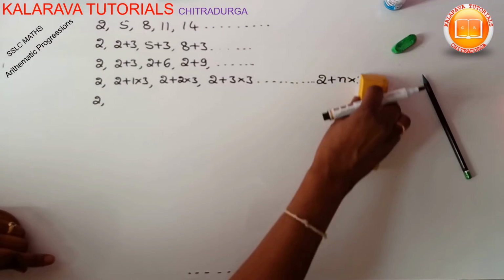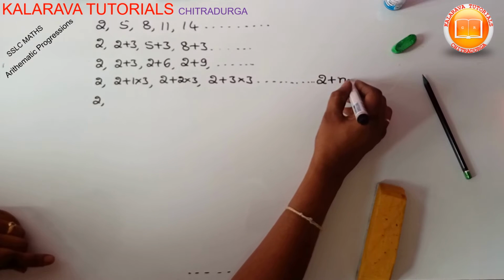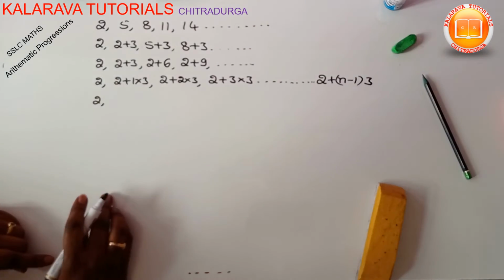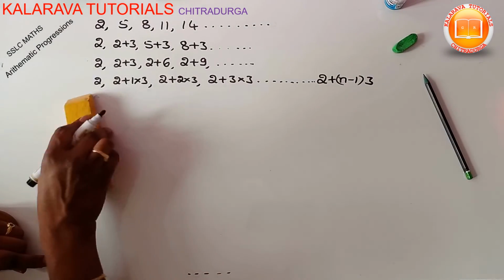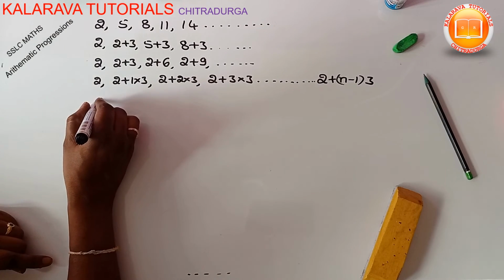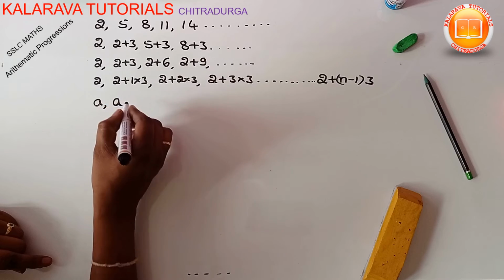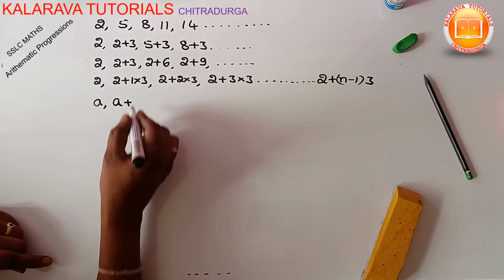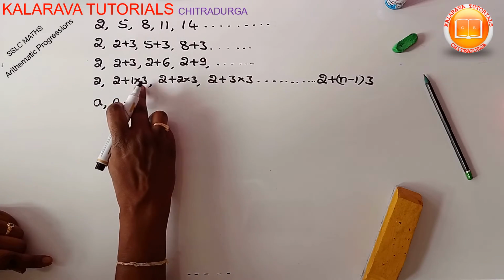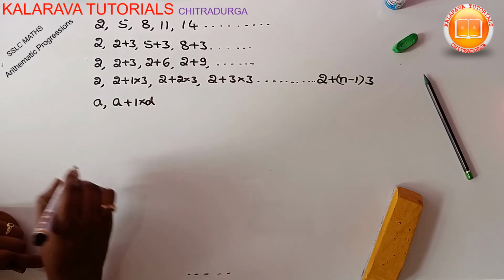So for getting the nth term we add n minus 1 into 3. Now we conclude this as the general formula. If we take the first term as a, then for the second term we add the fixed number, taking it as d, so a plus 1 into d.